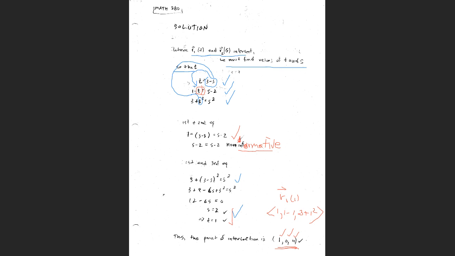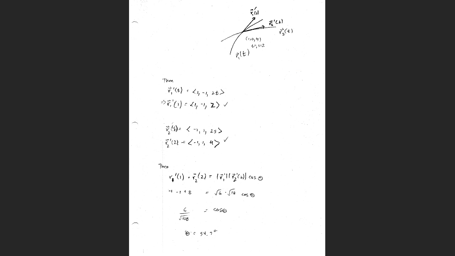Okay, I have a little picture here to help me. How are we going to find this angle of intersection between the two curves at this point, to the nearest degree? Well, I've drawn just a little picture. Pretend this is R1.